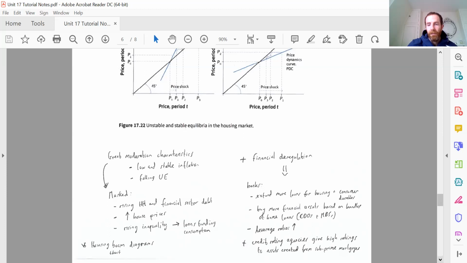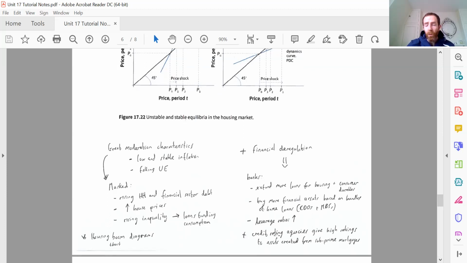And what gave this a lot more credibility was credit rating agencies. These organizations' purpose is to look at financial assets and award them a rating, like AAA, AA. Credit rating agencies were giving really high ratings to these financial assets based on bundles of home loans, even if those assets were composed of subprime mortgages, right?